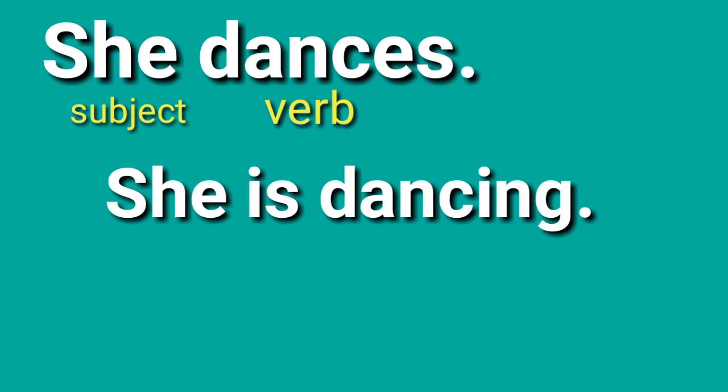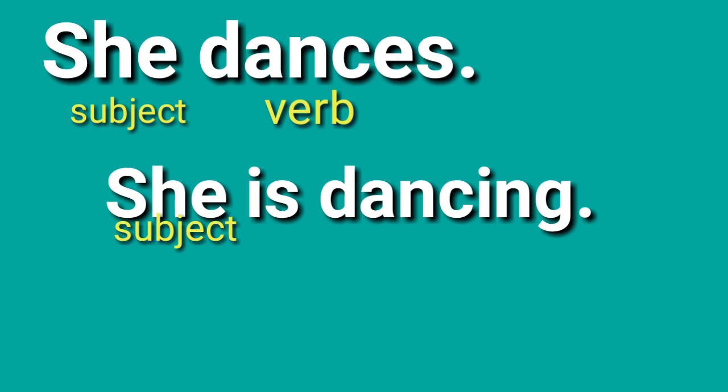I'll give you more examples of sentences in SV pattern. She dances. Who dances? She. She is the subject. Dances is our verb here. She is dancing. Again, she is the subject.